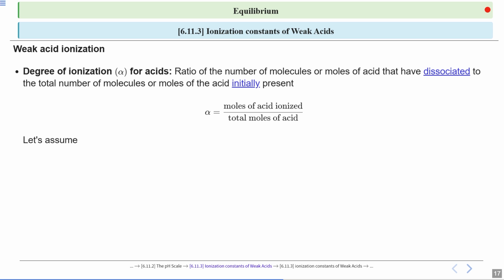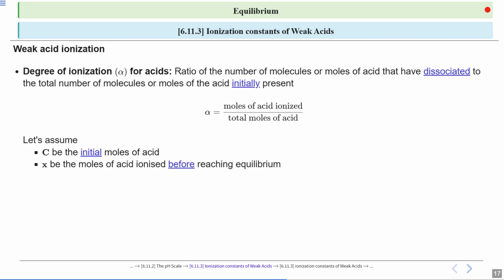Let's assume that C is the initial moles of acid, and X is the moles which are ionized from this C after reaching equilibrium. Then how can we write alpha? Very simple. What was the initial number of moles? C. And what is the number of moles being ionized? It is X. So alpha will be X by C, right?